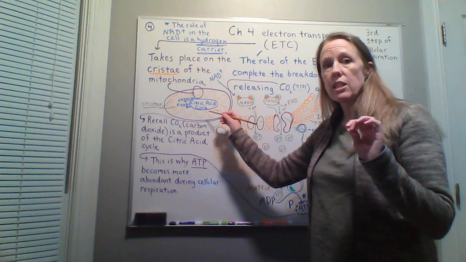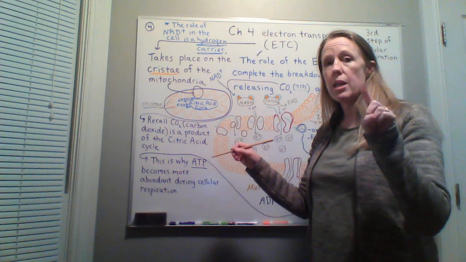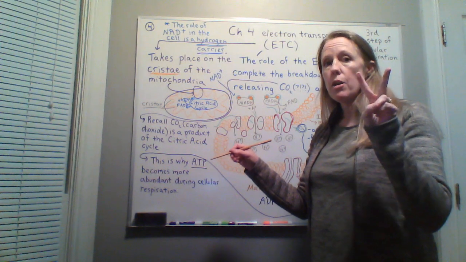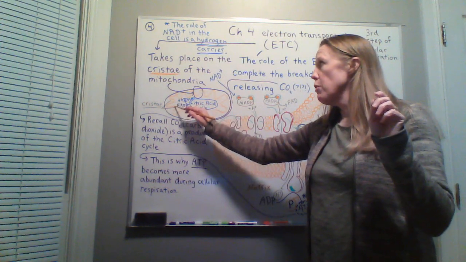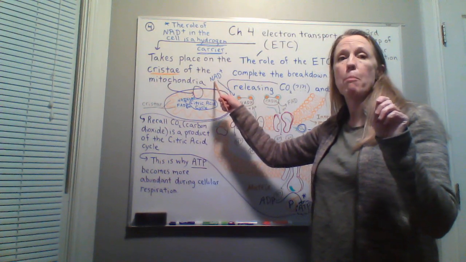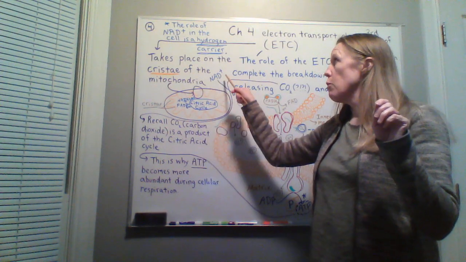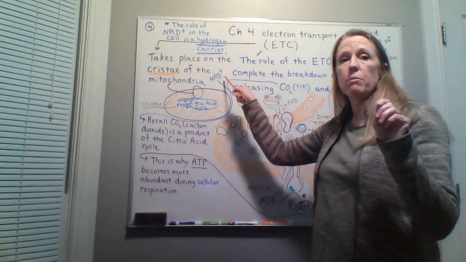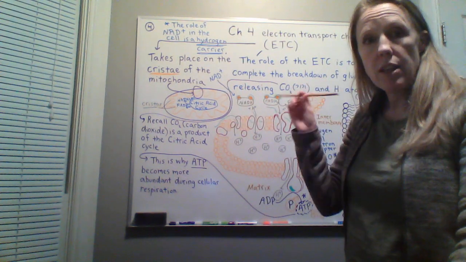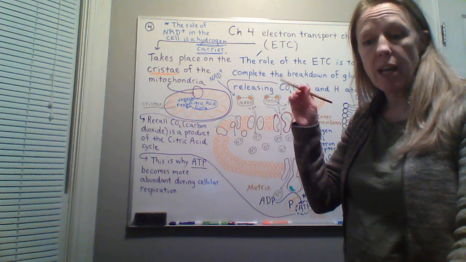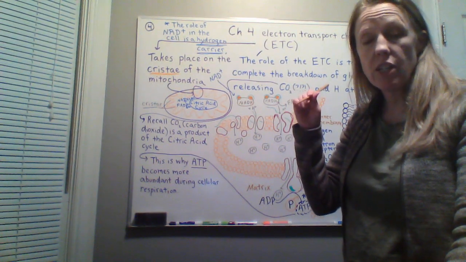Also in the citric acid cycle, we make 1 ATP and 2 carbon dioxides each time it goes around. We're also making other molecules like NAD+. The one I want you to remember is NAD+, because its role in the cell is as the hydrogen carrier.